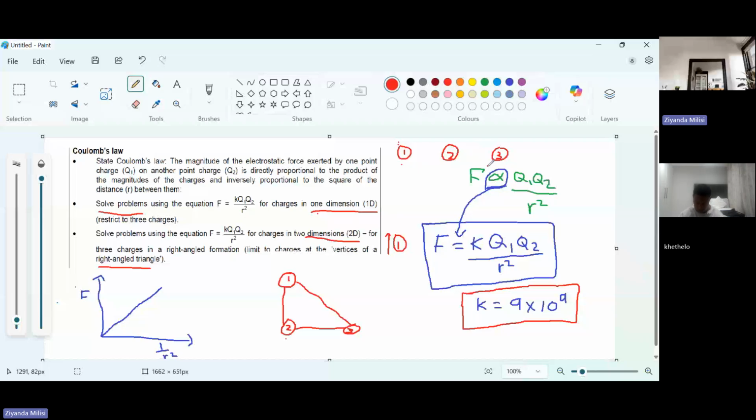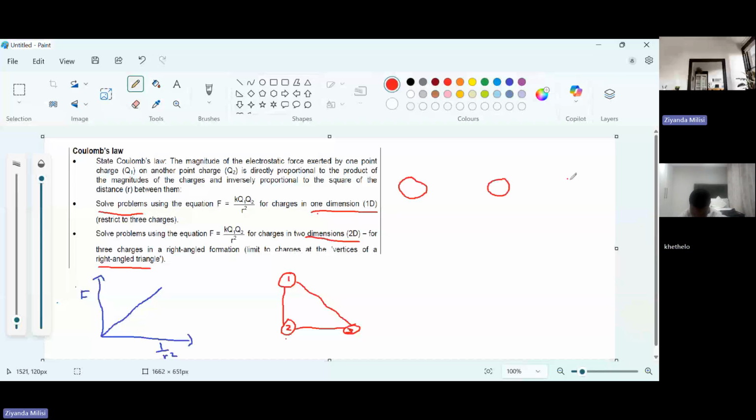Usually, if it's three charges, the question is going to say something like this. Let me create a scenario we are going to work with. Let's say we've got three charges. This is one dimension.